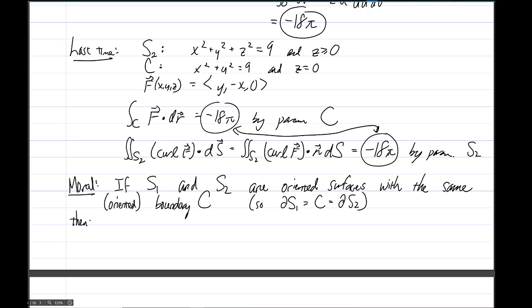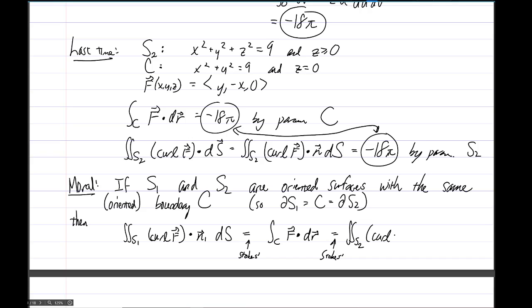This is really profound. The integral over the surface S1 of the curl of vector field F dot n1, with n1 as the orientation for surface 1, is equal, using Stokes' theorem, to the line integral over the curve C of the vector field F dot dr, which is equal, by Stokes' theorem, to the integral over surface S2 of the curl of the vector field dot n2, the orientation of the second surface, dS.